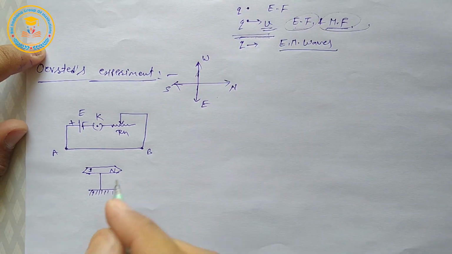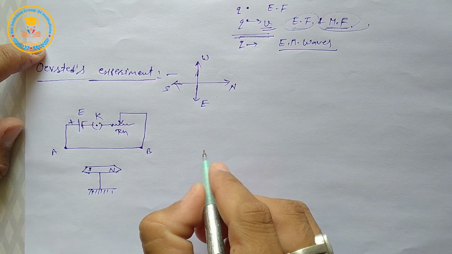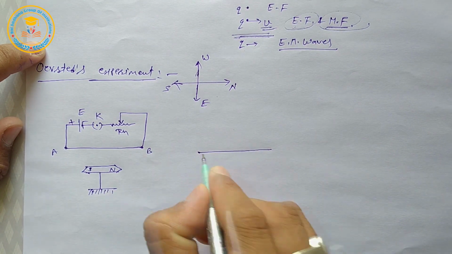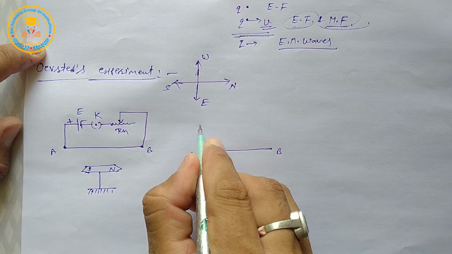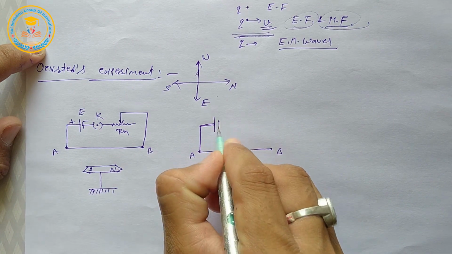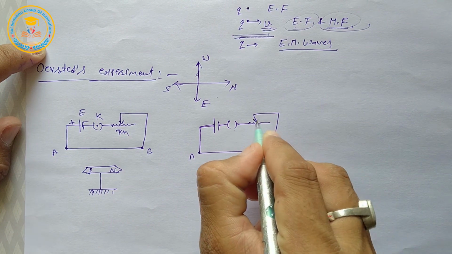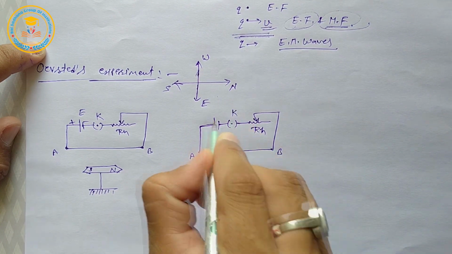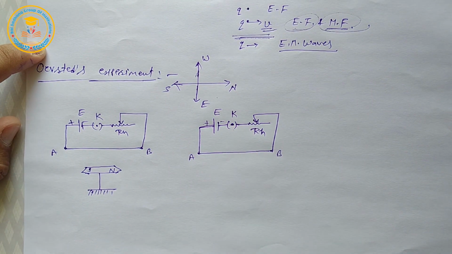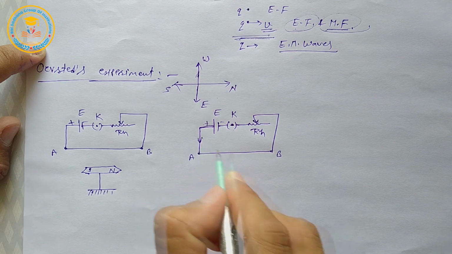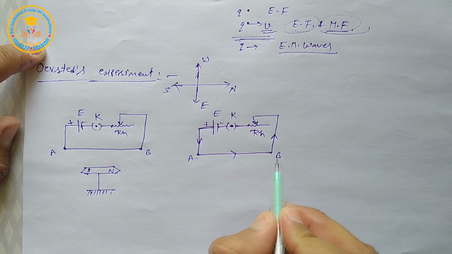First, if this key K is closed, in this situation a current is flowing through this wire AB. For this we draw another diagram. This is rheostat RH, this key K, positive, negative E. If we close this key K, then a current flows through this wire AB in the direction of south to north.